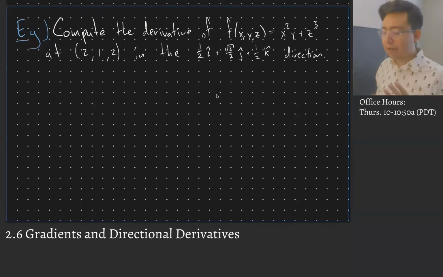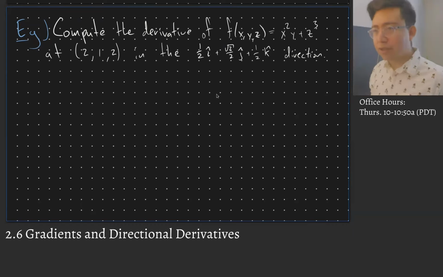direction. As you've seen, every time we introduce something like this, there are also other ways to approach it. We can use this in more clever ways, where you might be given different pieces of information, but let's start here with the most basic way we can ask a question. Here's a function, here's a point, and here's a direction. The first thing we should do is make sure that V is a unit vector.